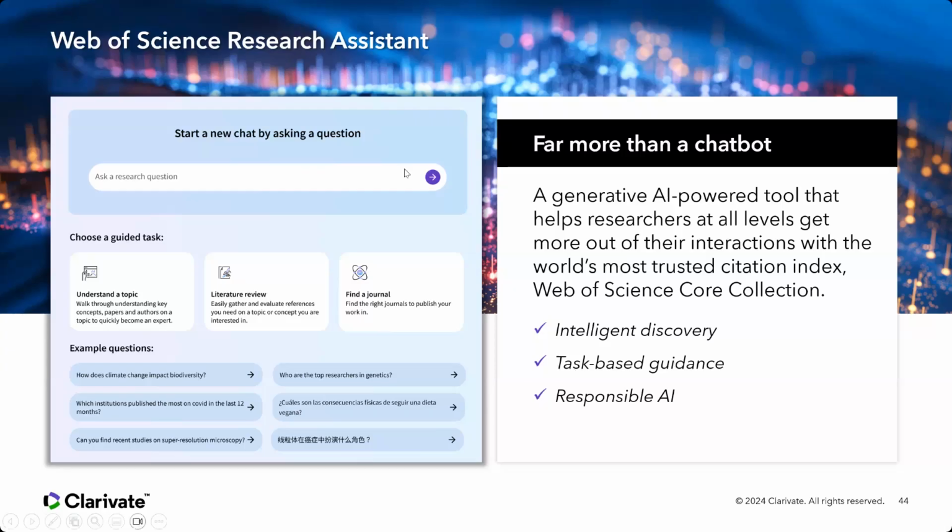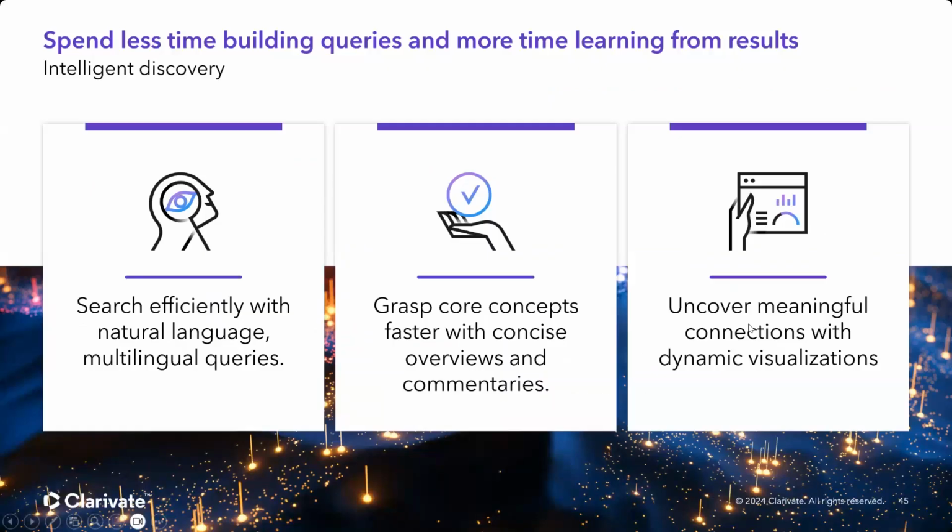Okay? Now, it functions a bit like a chatbot. So you can speak to it, you can type in your own natural language. Okay, so most of you are from Malaysia. If you want to type in Bahasa Melayu, you can do that as well, and it will generate Bahasa responses. This then allows you to become very efficient in your searches.